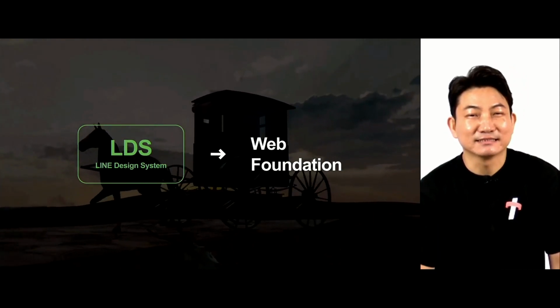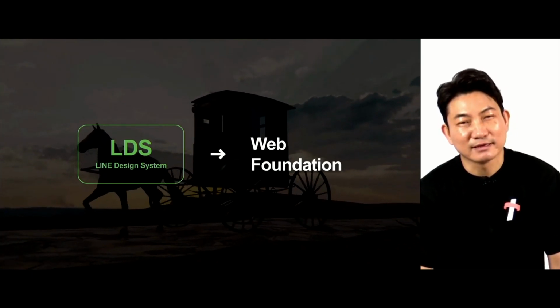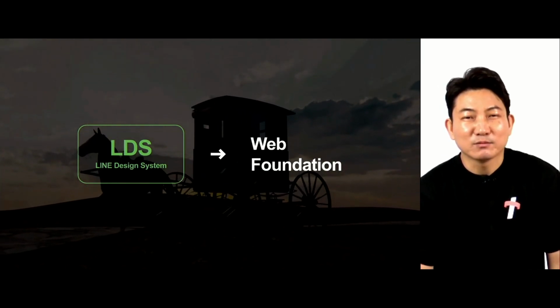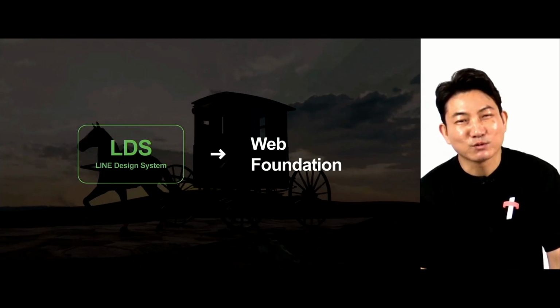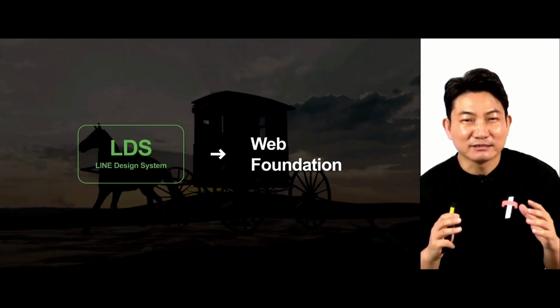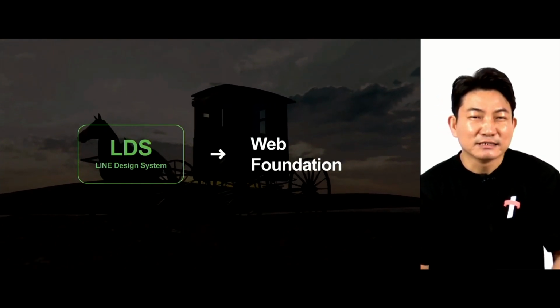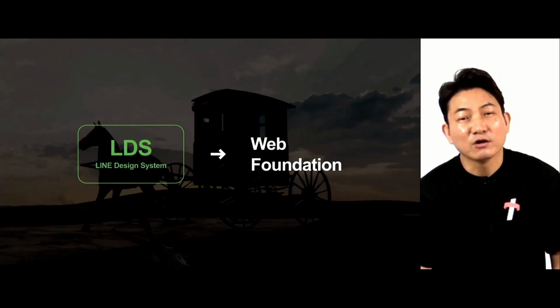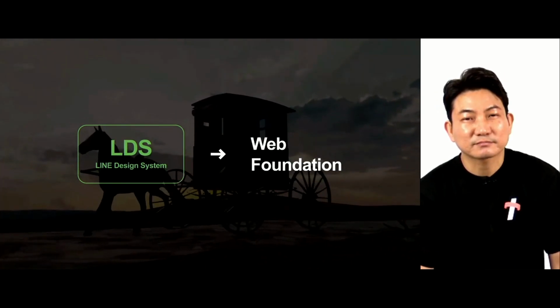In LINE's mobile app, we have a design system called LDS. That stands for LINE Design System. And with some of the well-known programming, the core uses LINE Design System. And often, there's a famous saying, there's no need to reinvent the wheel.